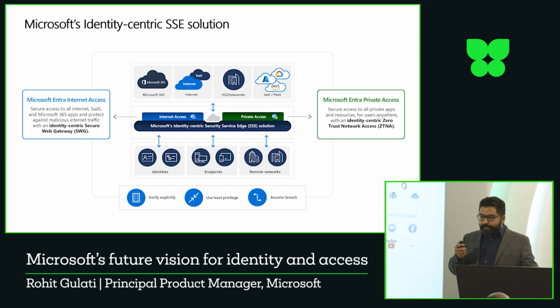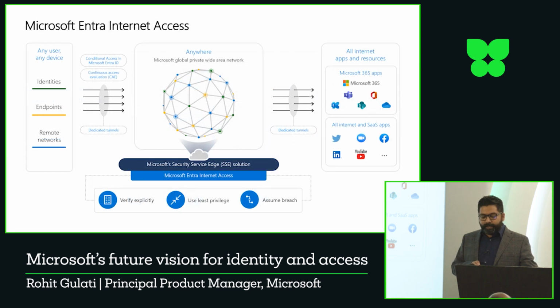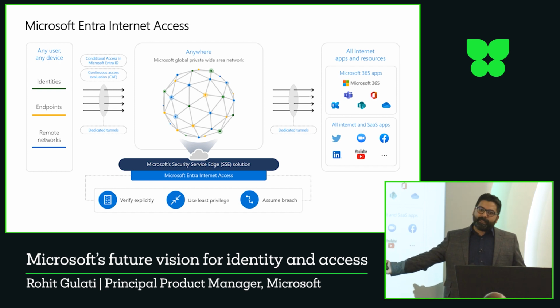I'll just go one level down and then we'll try to wrap up. Internet Access, as I said, is for SaaS apps. So Microsoft 365 apps and any SaaS app. The idea here is a lot of us, when we do Microsoft 365 apps, because of performance concern, we do not want the user traffic to go to a third-party SSE service and then come back.